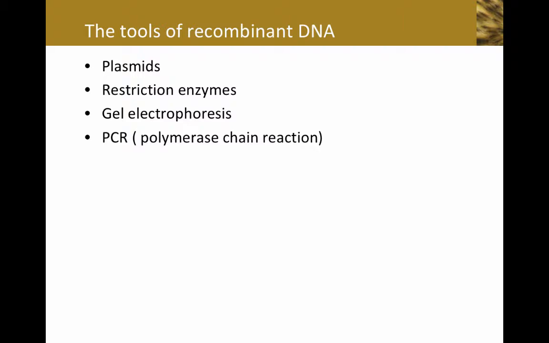Now, when we want to make changes, like we've talked about, for making human insulin using bacteria or changing different plants, there is recombination, and it uses recombinant DNA tools.